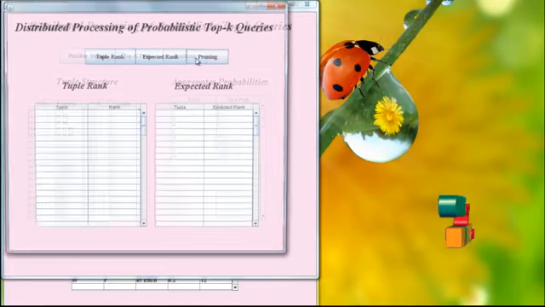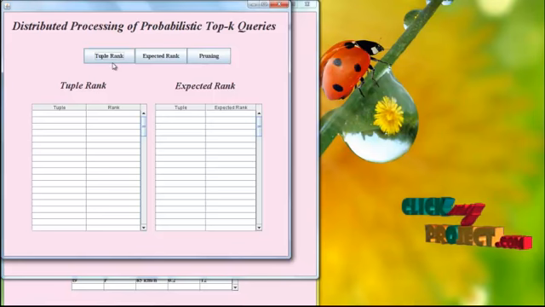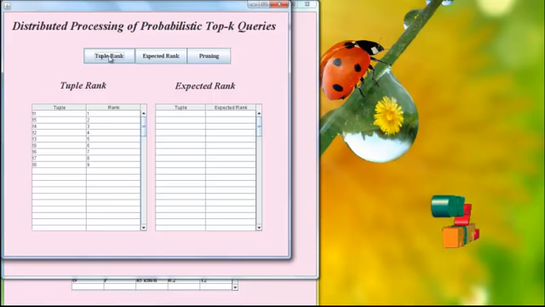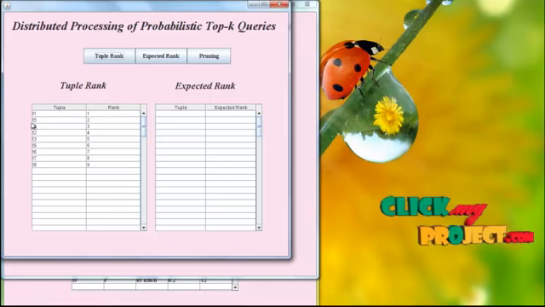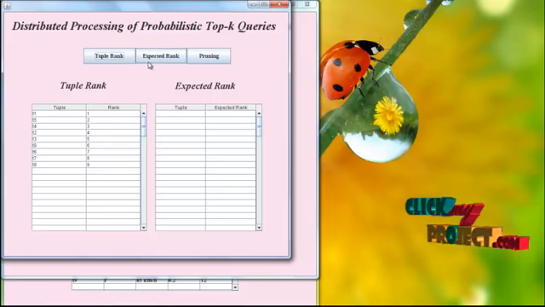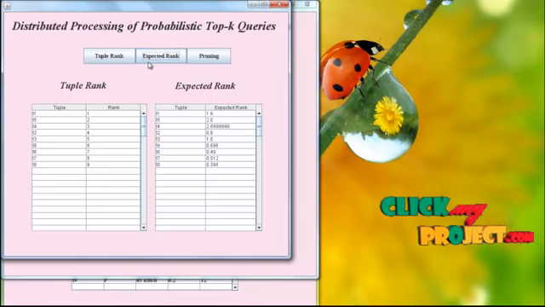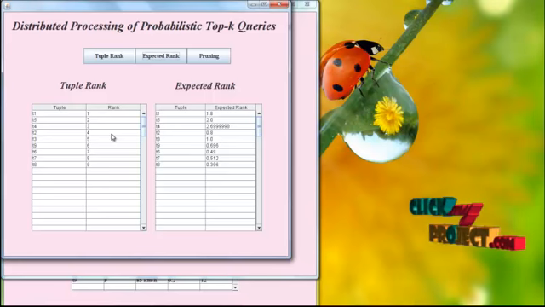We move to ranking. In this ranking, we find the expected ranking of every node presented in our network area. In this tuple rank, we calculate the rank based on the probability value. Now we move to expected ranking, which is presented as a double data type or real number value.